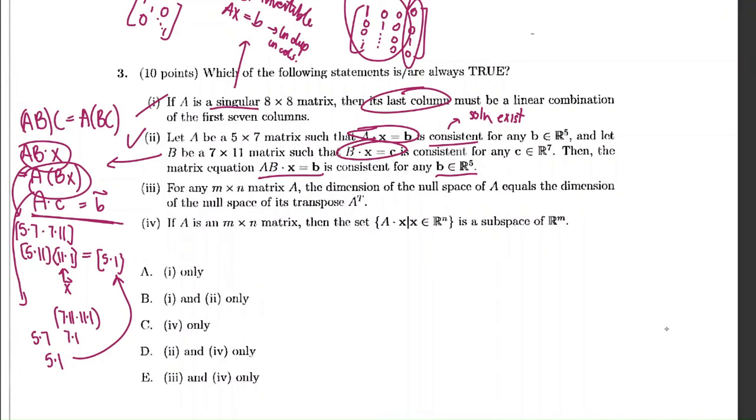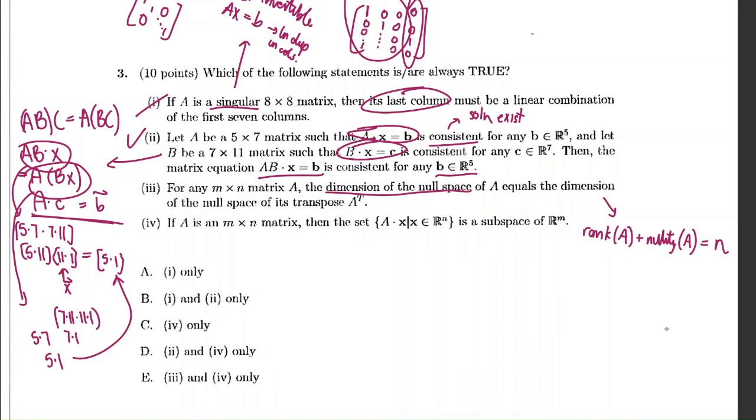Whenever I see dimension of the null space, I think of the nullity, and that also makes me think of the rank-nullity theorem, where you have the rank of A plus the nullity of A equals the number of columns, which for A would be n.